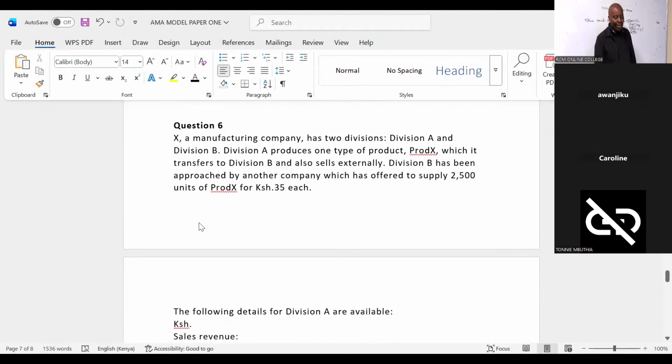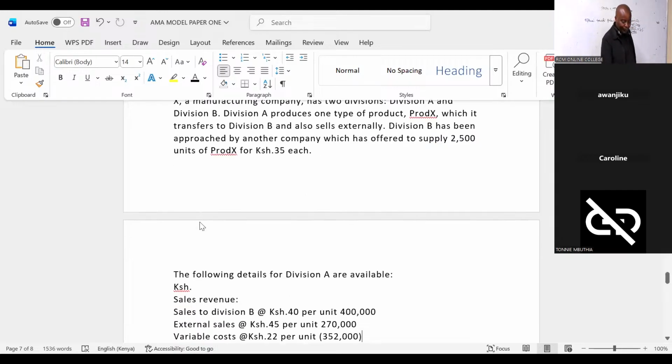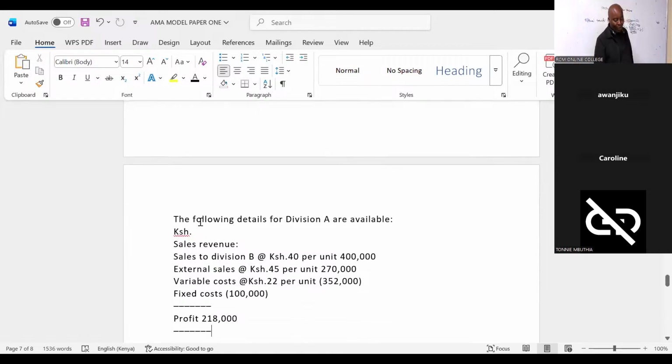Question number 6: X, a manufacturing company, has 2 divisions, Division A and Division B. Division A produces one type of product called product X, which it transfers to Division B and also sells externally.